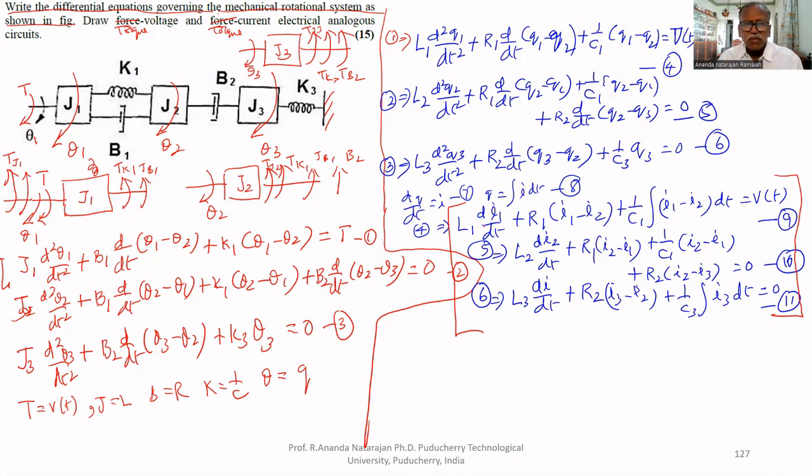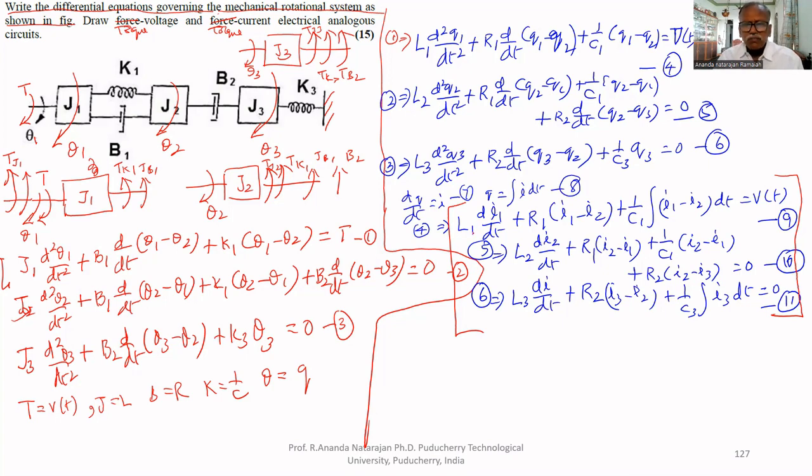Constructing a mechanical system is difficult. But if you want to know the characteristics of that mechanical system, we can find an analogous electrical system. If we find the characteristics of that electrical system, which can be easily constructed, we can understand the behavior of the mechanical system. That is the advantage of an analogous system. That is the reason why we are finding the analogous electrical system.